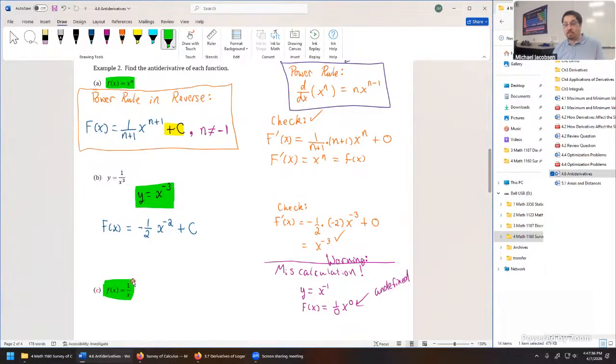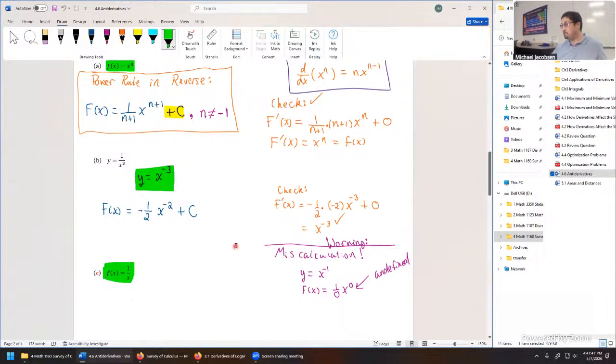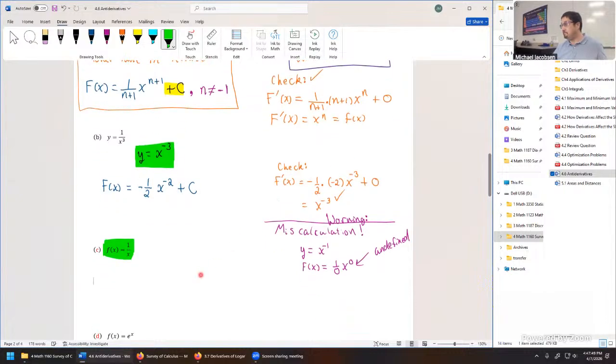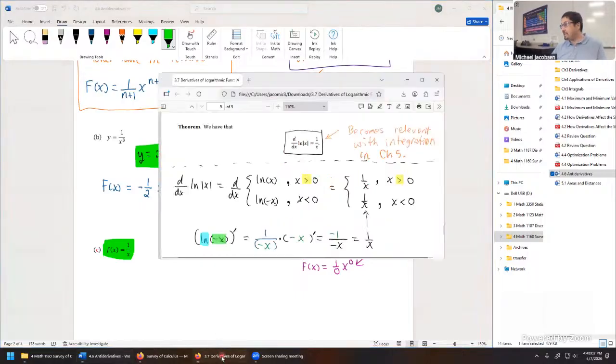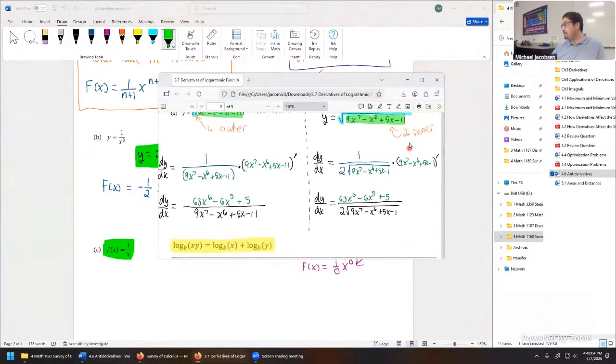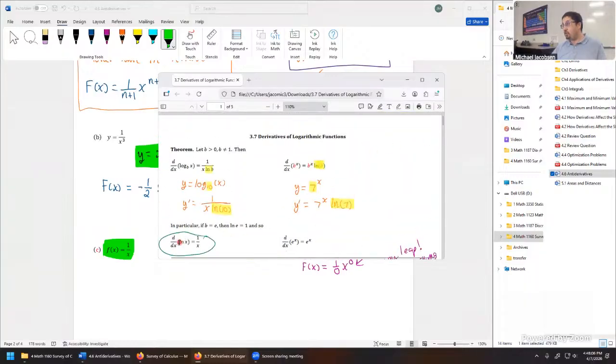Now, thinking back in terms of what we did in the past, anyone happen to know what the antiderivative might be? One hint is, recall way back, actually not that long ago, but it might feel a while ago, in section 3.7, we had this formula.